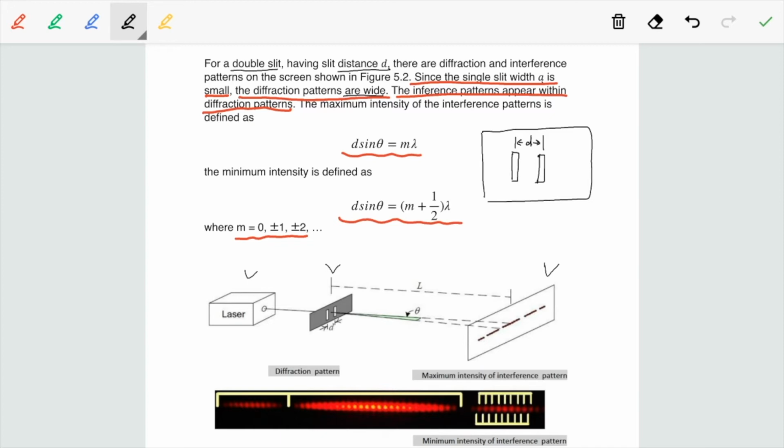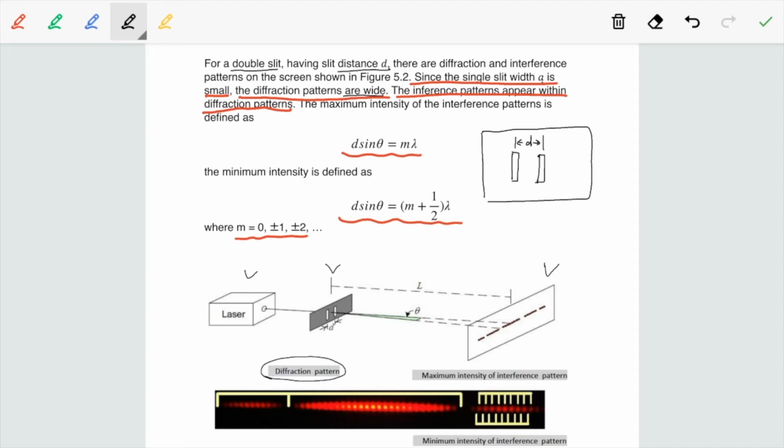So for the double slit, we should consider the interference pattern as well. Similar to the single slit case, we have diffraction patterns.